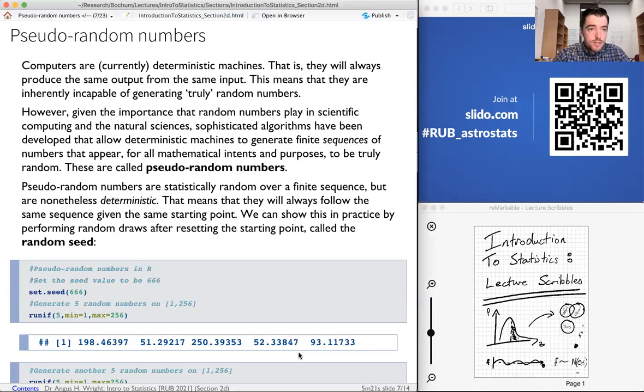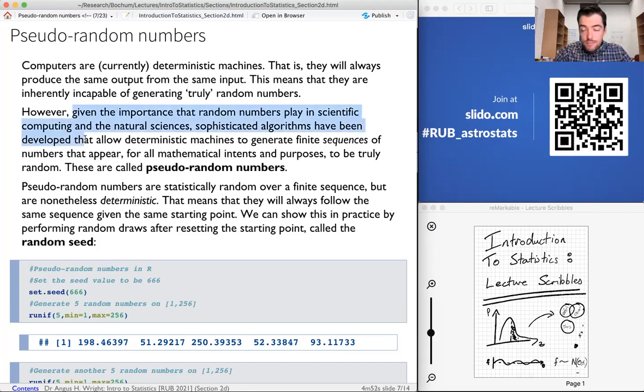Computers, as they currently exist, I mean, quantum computers will probably change this, but computers as they currently exist are deterministic machines. That is, when you give them a particular input, they will give you a particular output, and only one particular output, right? There is no mechanism for them to generate a probabilistic outcome given a finite input, okay?